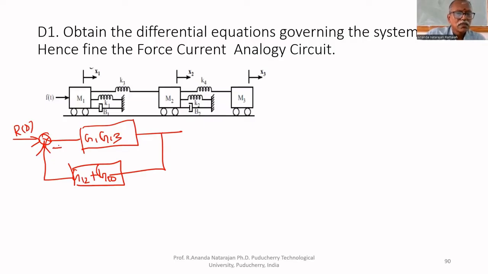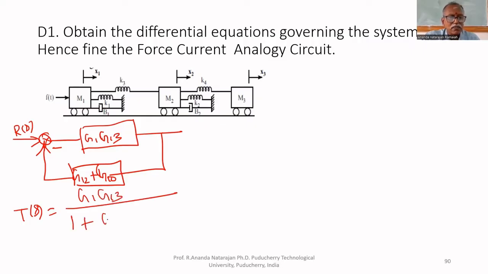That's all. Therefore, the final transfer function is T of S equal to the forward path transfer function upon 1 plus (G12 plus G10) multiplied by G1 G13.